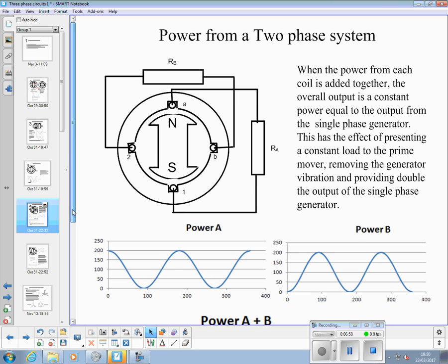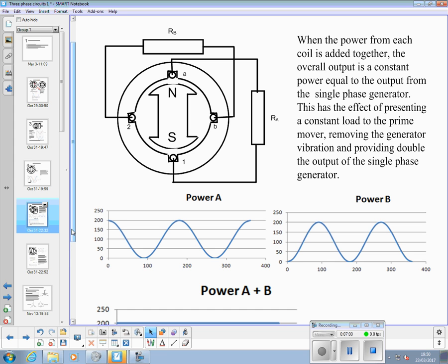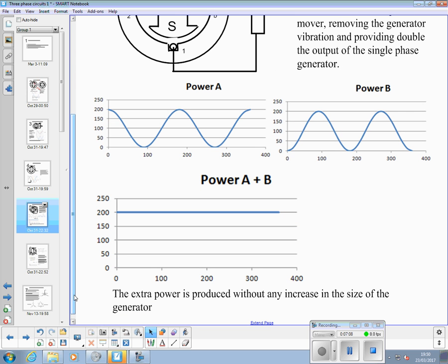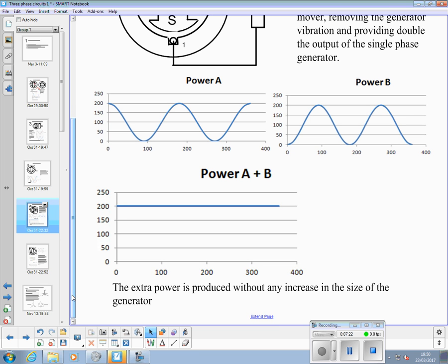We end up with two together over that same period, you get a straight line with two phases. They average to a straight line.